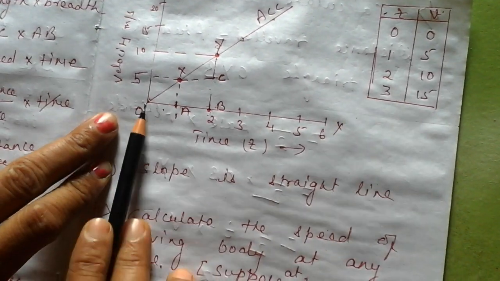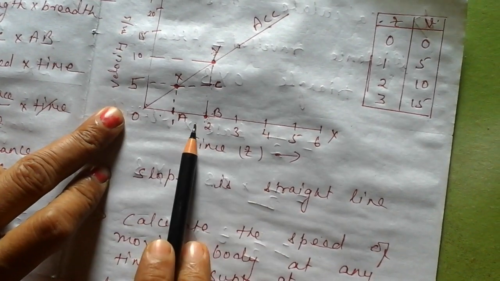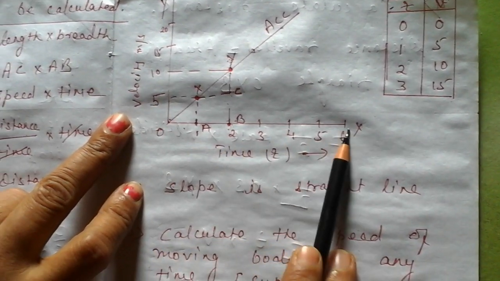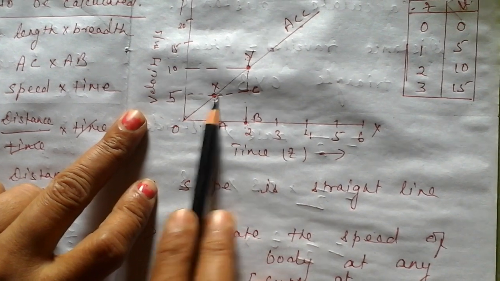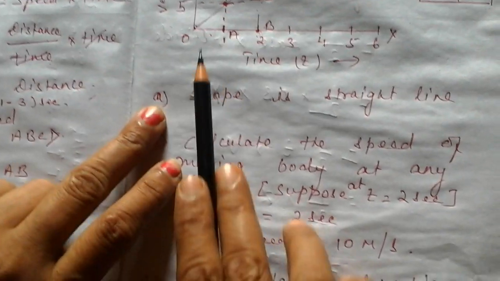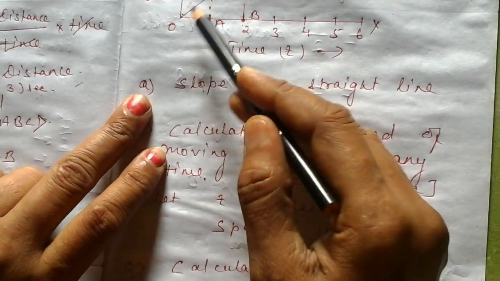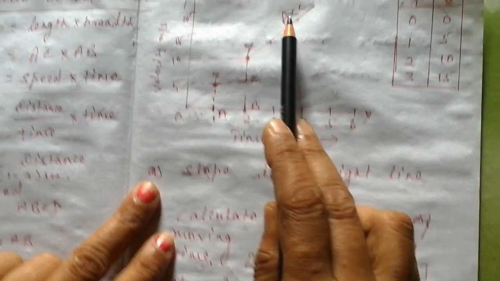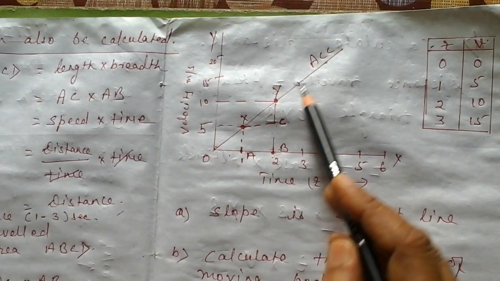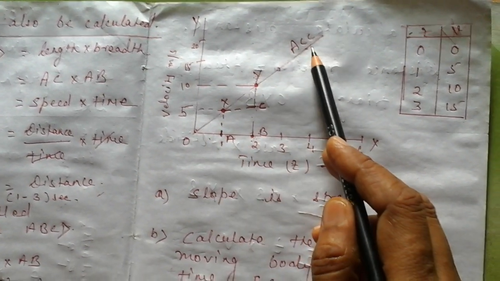When this data is represented in the graph, time is on the x-axis and velocity is on the y-axis. I have plotted the graph. At time 1 second, the velocity is 5 meter per second. Let us see the slope. This is the slope. The slope represents acceleration, so for uniformly accelerated motion the graph is a straight line.